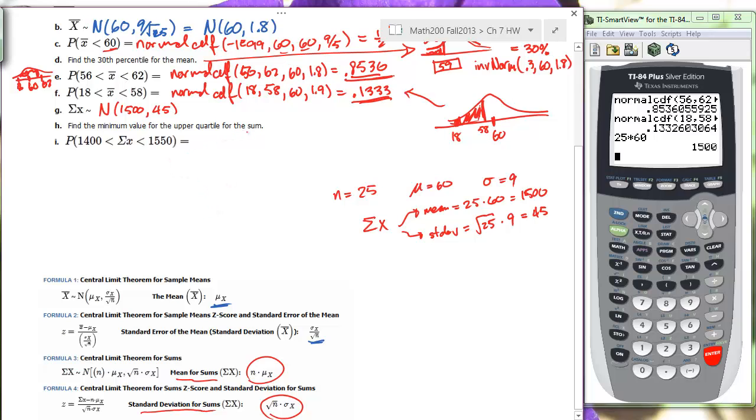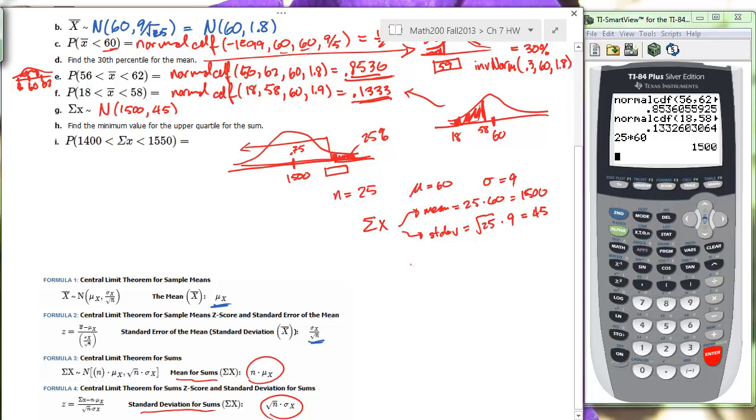Part H is finding the minimum value for the upper quartile for the sum. So if we imagine the sum distribution looking like this, another bell-shaped curve because it's normally distributed, except now our mean is at 1500. They want to know the upper quartile, so the quartile is 25%, and they want to know what the lowest value for the upper quartile is, which means we have 75% on the left.